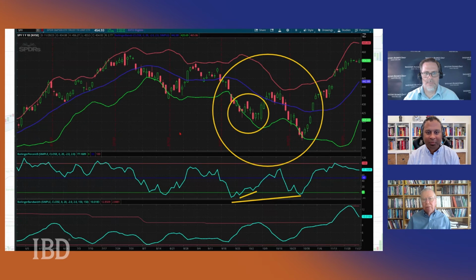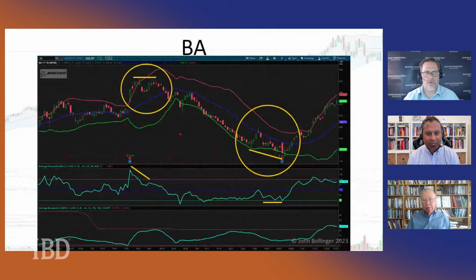Now we've got a chart here with Boeing, and so now we've gone from an index, because you can use this on indexes and individual stocks. So is there anything that you have to change when you're looking at an individual stock, or all of that math is kind of done for you, right? No, this is where I started.